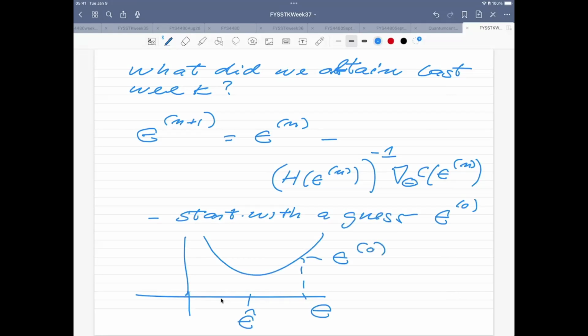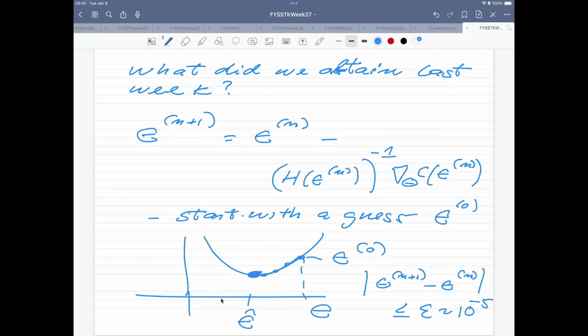And then we would start calculating the gradients, and ideally, we should then have chosen this starting point so that after a given number of iterations, we get down here. And then we would stop iterating when this theta of n plus 1 minus theta of n is smaller or equal to a number which we set, and this could be 10 to the minus 5 or smaller.